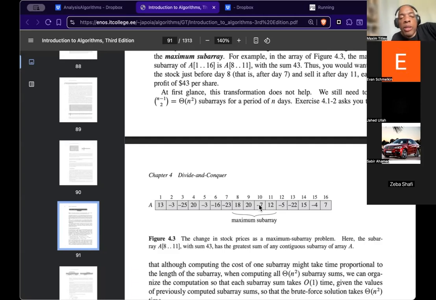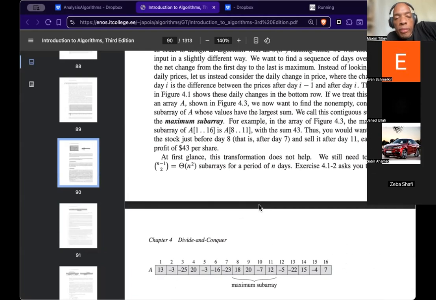All right. So if we have 38, then what we have is the following. Before day 8 or day 7, if we sell it early, we can actually maximize our profits by day 11, creating a profit of $43 per share.